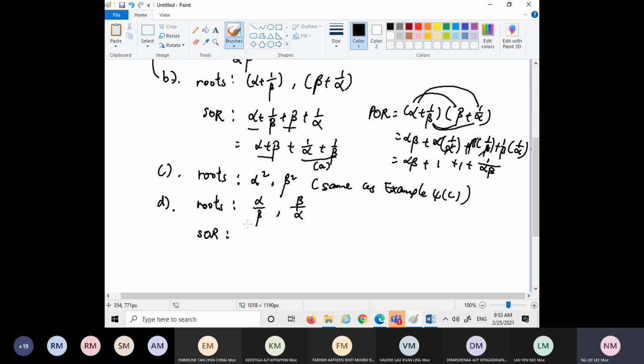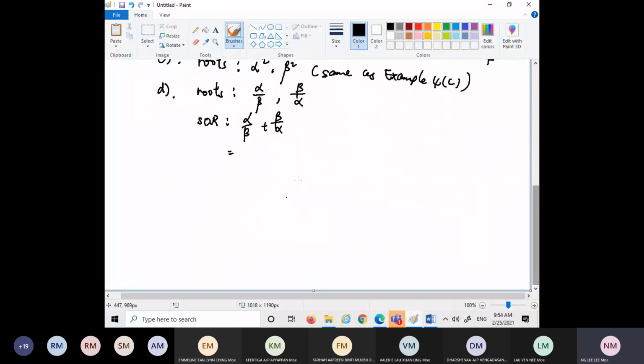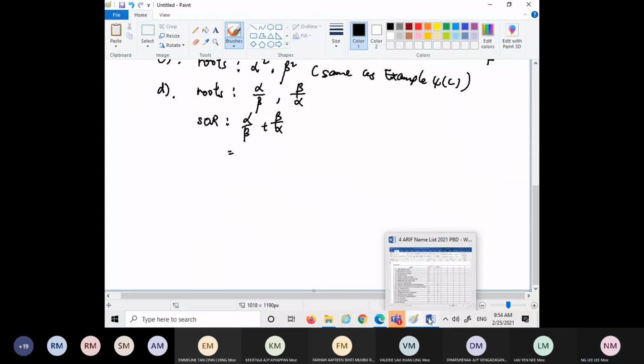Sum of roots, plus. Alpha over beta plus beta over alpha. So same thing. I want to repeat my question, but to another girl, Itasha.